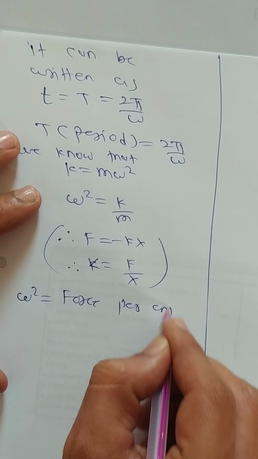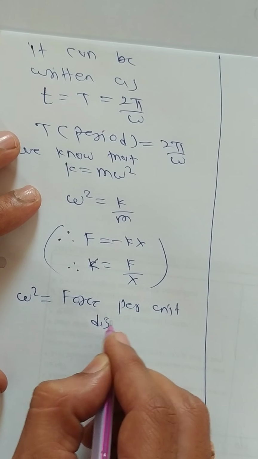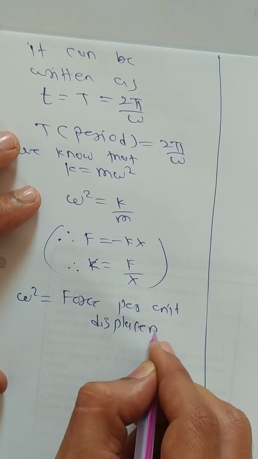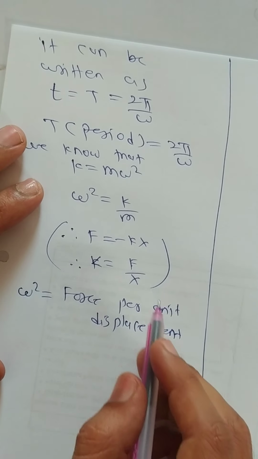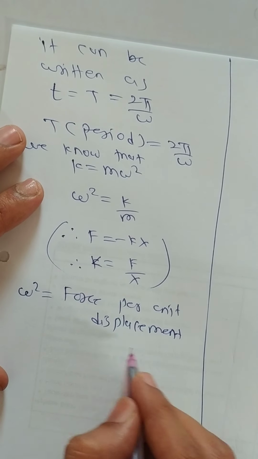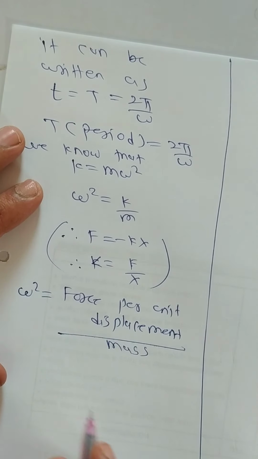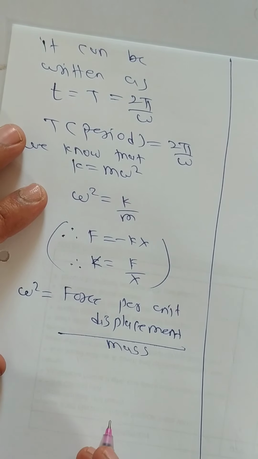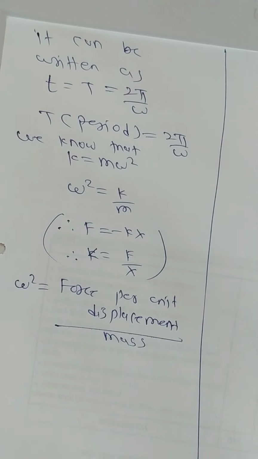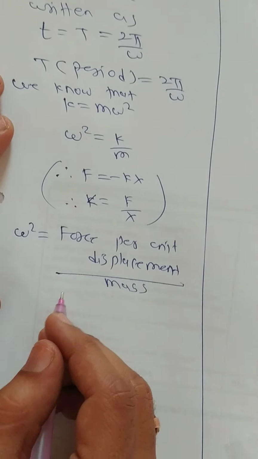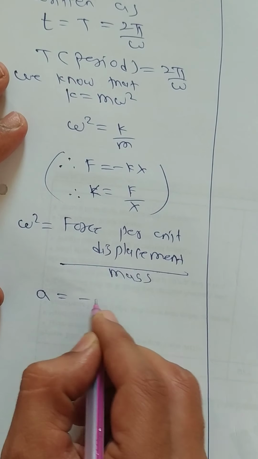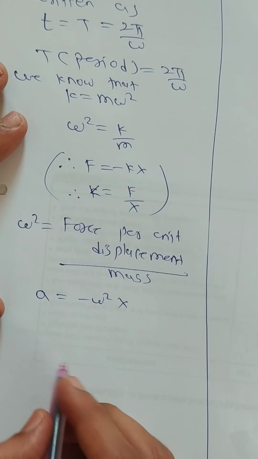Or we can also write this as acceleration per unit displacement. We have seen a is equal to minus omega square x.